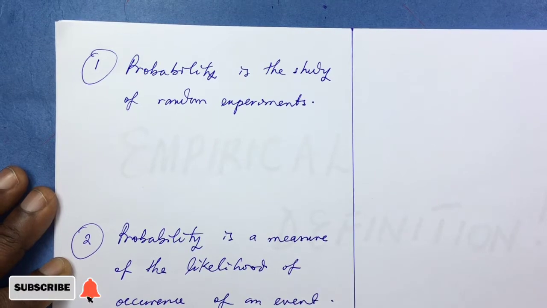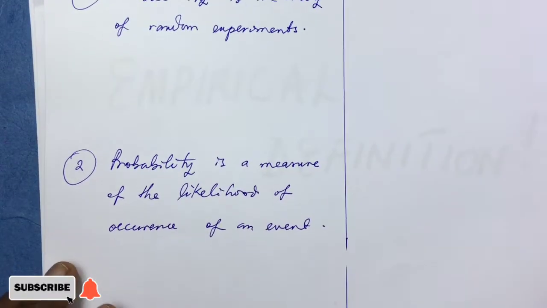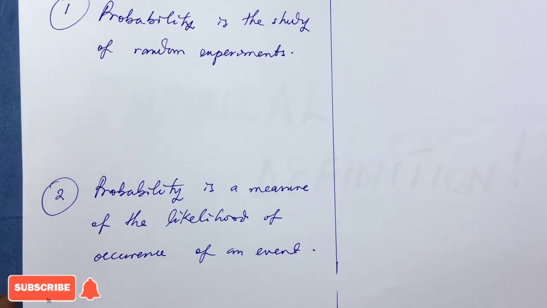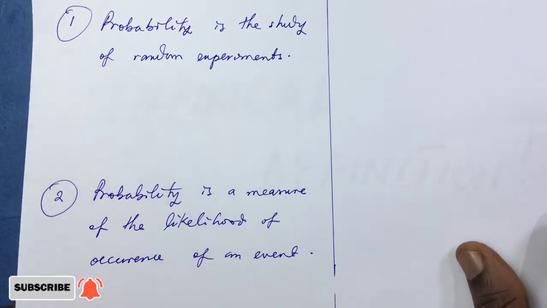So how likely an event is to occur or not occur is what we study in probability as an area. So probability is a measure of the likelihood of occurrence of an event, or you can define it simply as the study of random experiments. Of course, random experiments are experiments whose outcomes we cannot predict in advance.